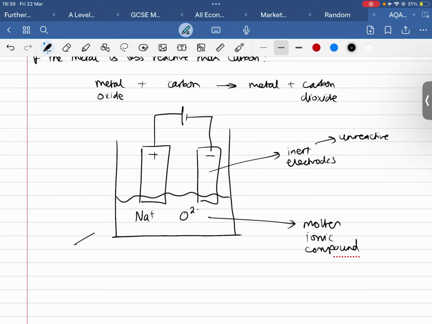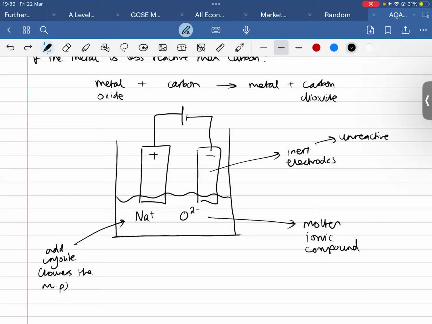And the last thing is, we add cryolite. That's C-R-Y-O-L-I-T-E. And that just lowers the melting point, because we need it to be molten. And if we lower the melting point, it will melt easier without using as much heat.